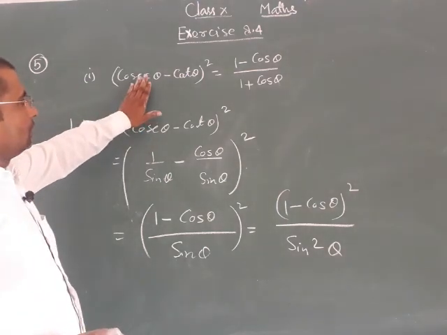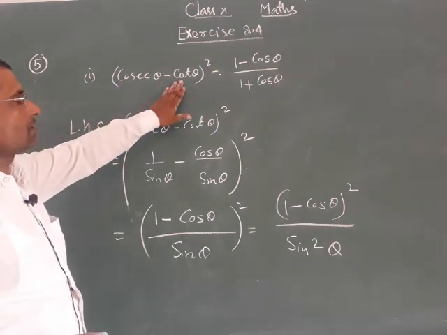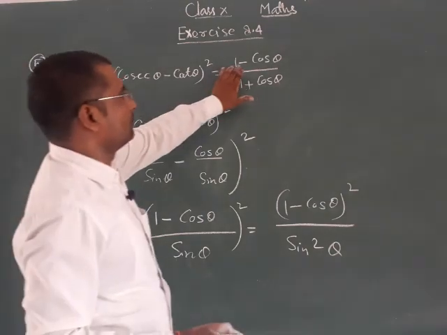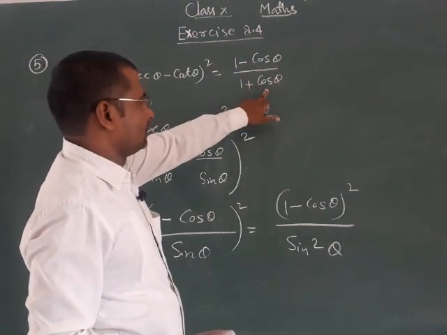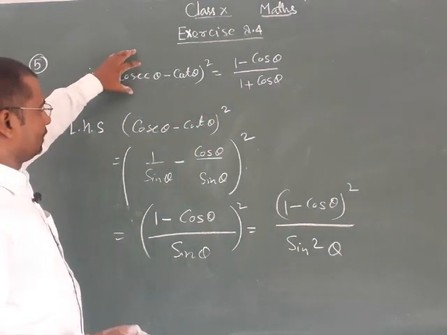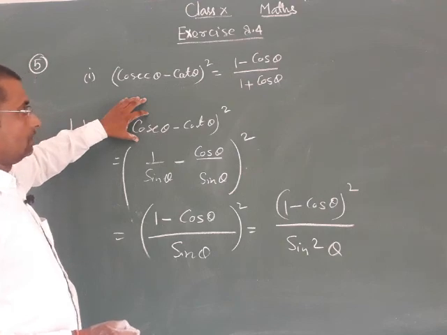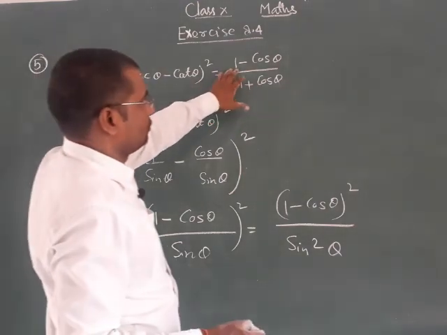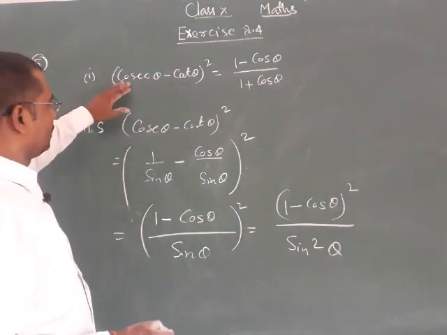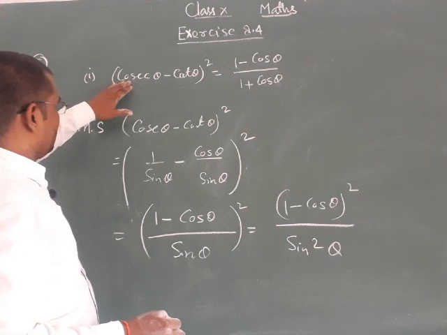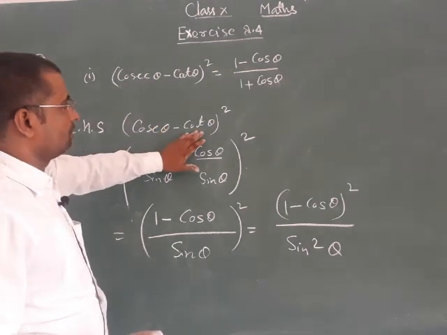So now given question, (cosec theta minus cot theta) whole square is equal to 1 minus cos theta upon 1 plus cos theta. So now taking LHS we can solve, and at last the answer is 1 minus cos theta upon 1 plus cos theta. So now take LHS, cosec theta minus cot theta whole square.